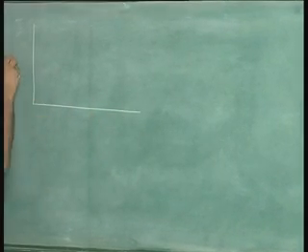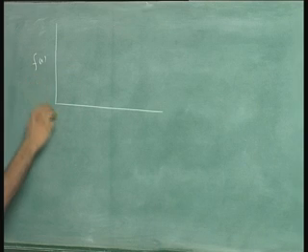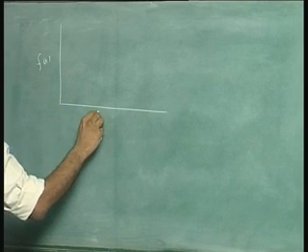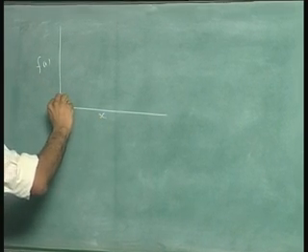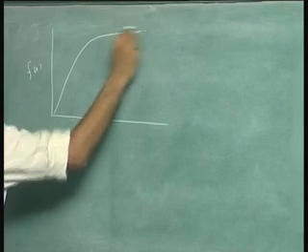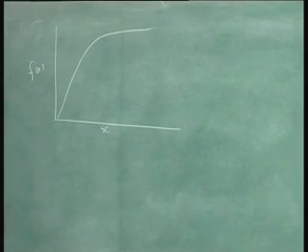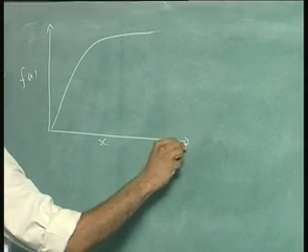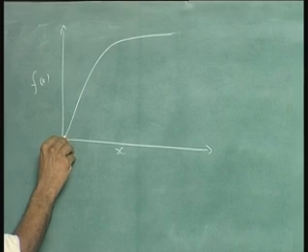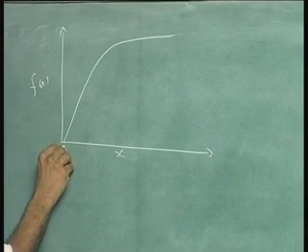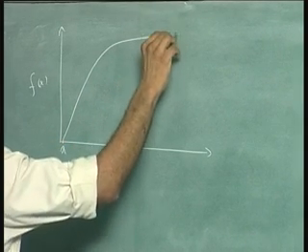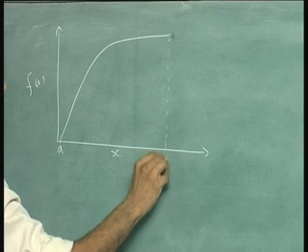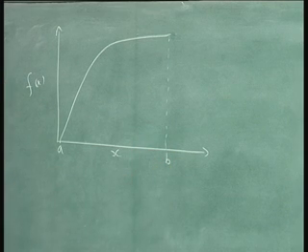I plot that function f of x versus x, and then I have some function of this form. Let's say this is a and that is b.